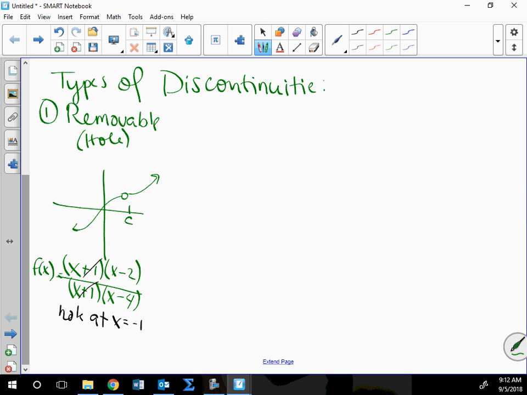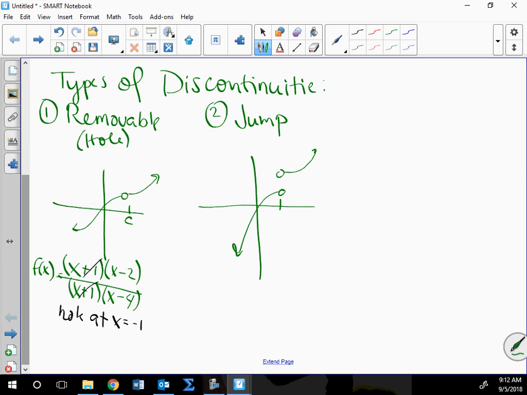We also have our jump discontinuities. And most often this is represented in a piecewise function. Not always the case, as we saw with the absolute value of x over x, that gives us a jump as well. But most likely it's going to be some type of piecewise function.